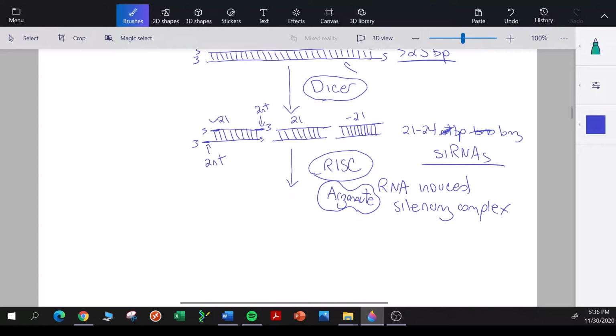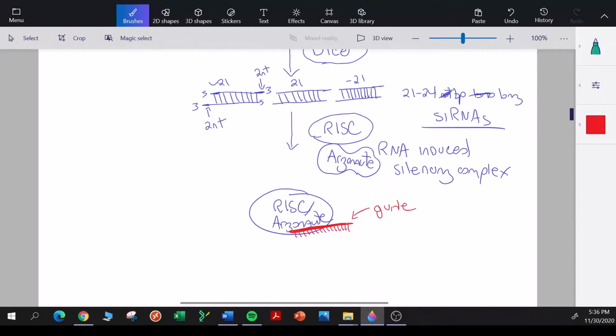So we just need to know that the RISC complex with the argonaute will bind one of those strands from the short interfering RNA, and it will use that as a guide to screen the messenger RNAs in the cell for complementarity.